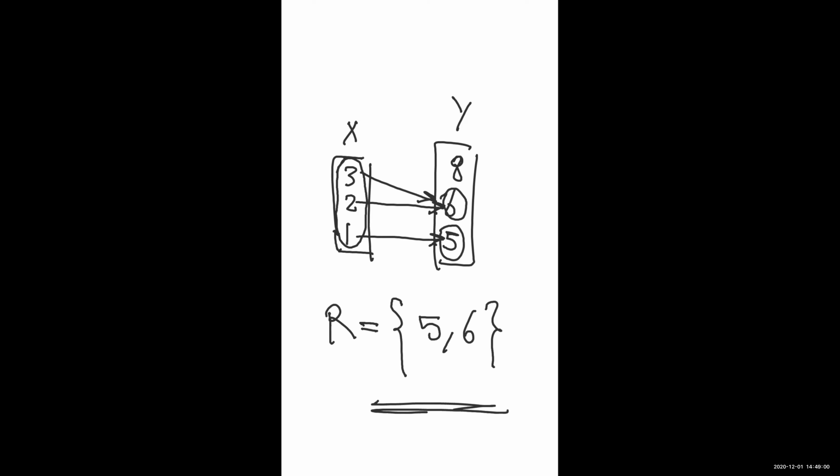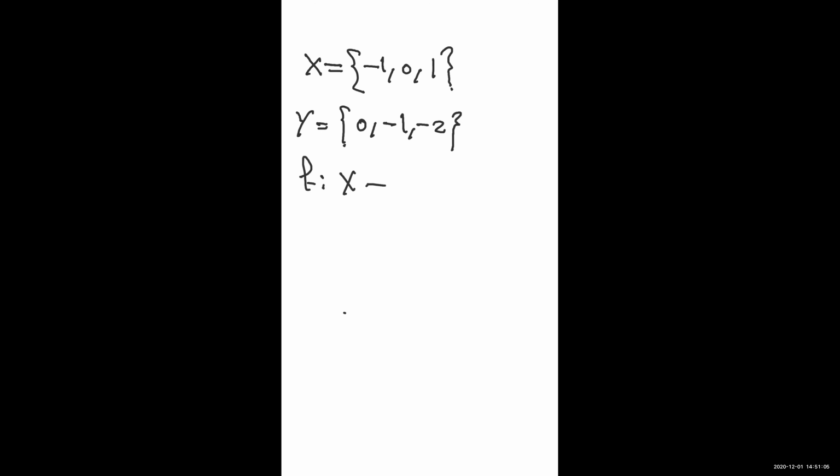Okay, so let's solve one example. The next example: if the set x equals the set of -1, 0 and 1, and the set y equals 0, -1 and -2, and there is a function from x to y.